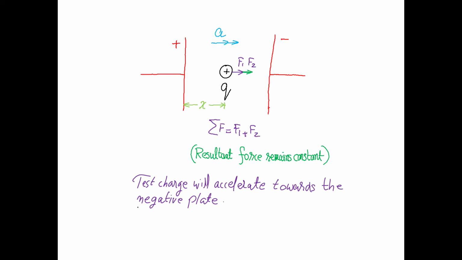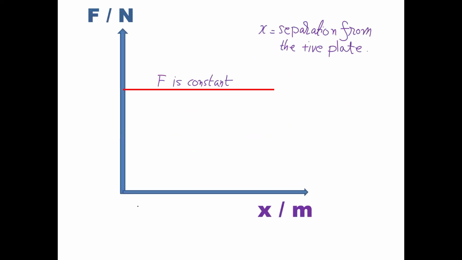So now this diagram can be translated to this graph. Force is constant. Look at the straight line. The force is constant, and we can see the separation from the positive plate. As the charged particle moves, separation from the positive plate increases. As the separation increases, what will happen? The force doesn't change. The total force remains constant. Why is the line horizontal?